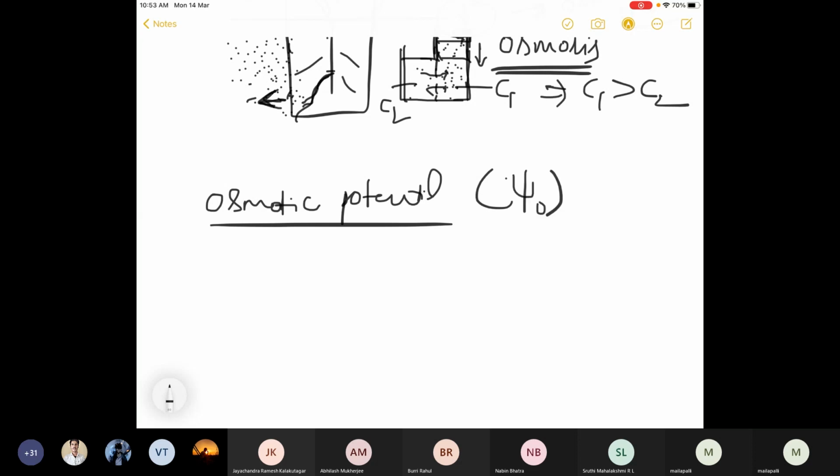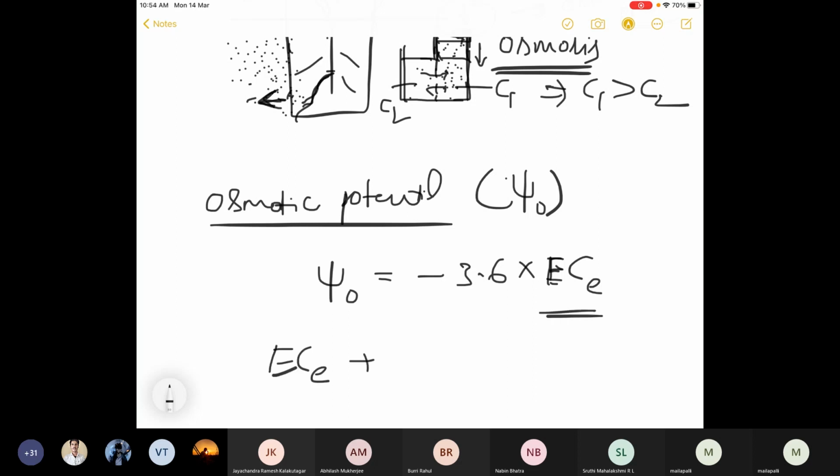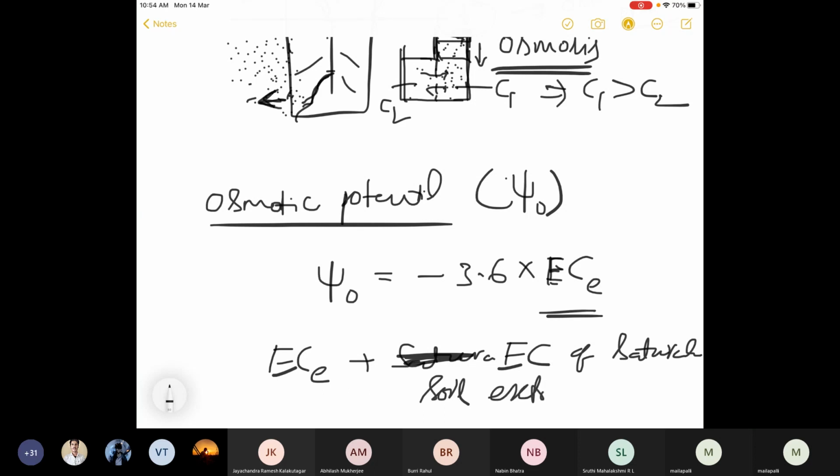There is a formula: psi naught equals minus 3.6 times the electrical conductivity of saturated soil extract. This is called ECe, the EC of saturated soil extract.